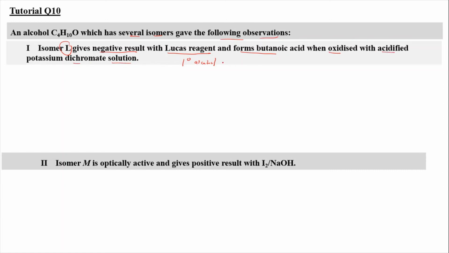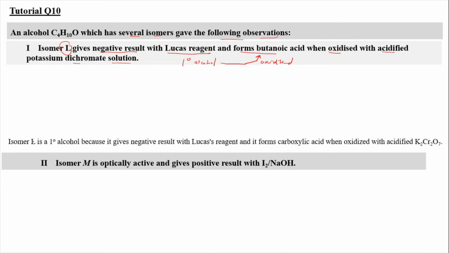So logically, a primary alcohol, when oxidized, is going to form a butanoic acid. So I know that it is confirmed a primary alcohol. Okay, so isomer L is a primary alcohol because it gives a negative result with Lucas reagent, and it forms carboxylic acid when oxidized with acidified K2Cr2O7, which is a strong oxidizing agent.